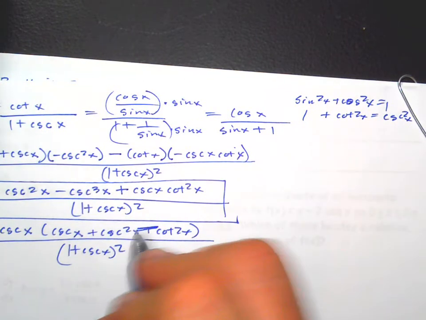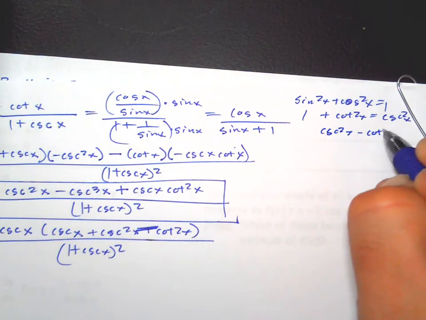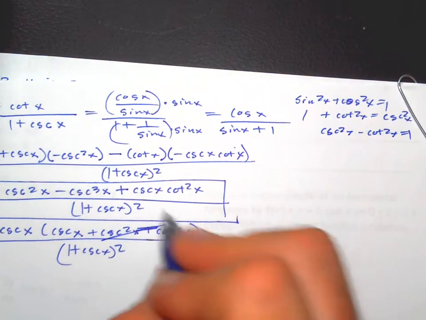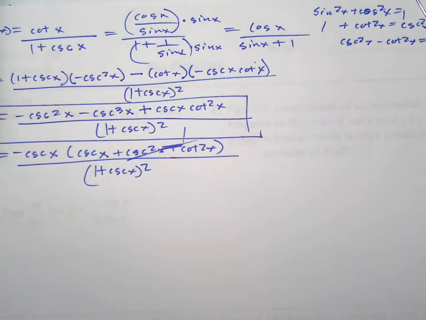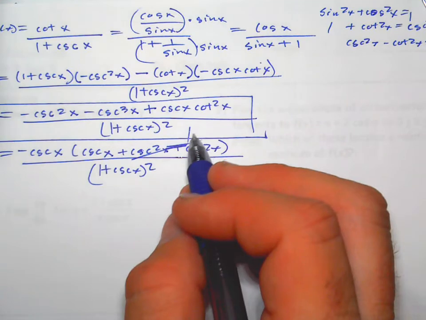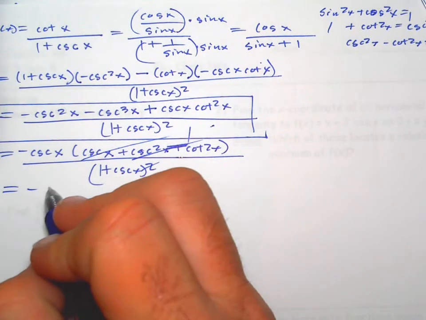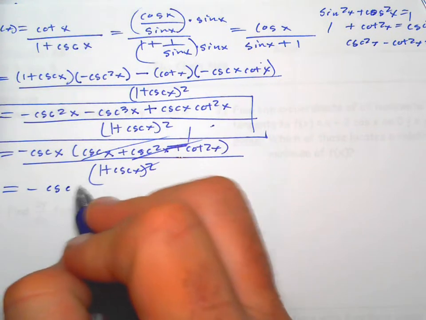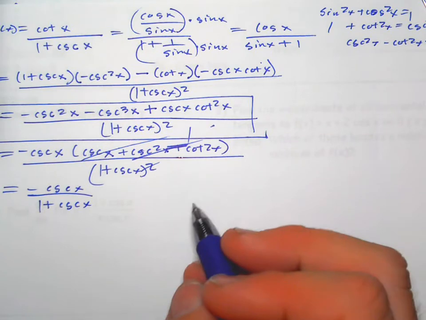So then cosecant squared minus cotangent squared would have to equal 1. So that makes it a little cleaner. And that gives you a cosecant x plus 1, which cancels with one of the ones on the bottom. So we get negative cosecant x over 1 plus cosecant x.